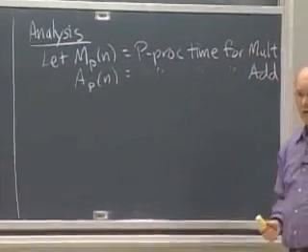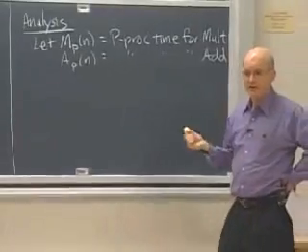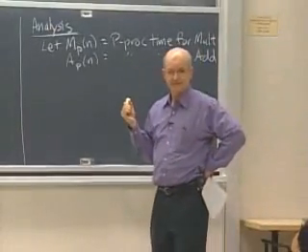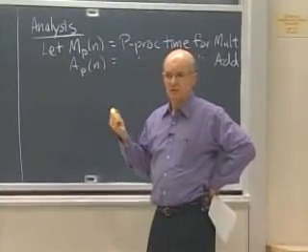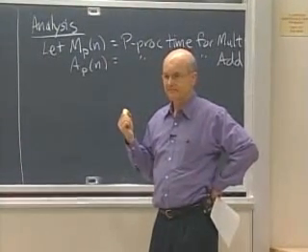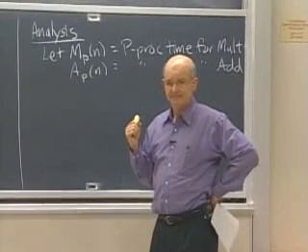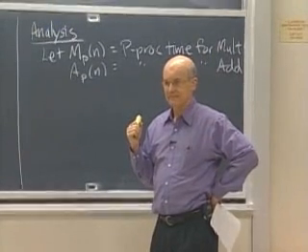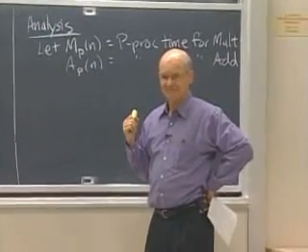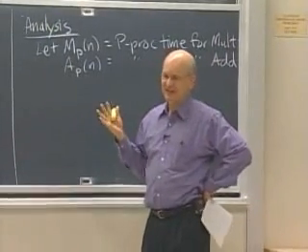So the first thing we're going to analyze is work. And what do we hope our answer to our work is? When we analyze work, what do we hope it's going to be? Well, we hope it's going to be small.